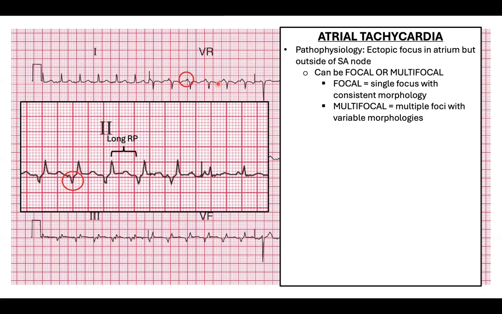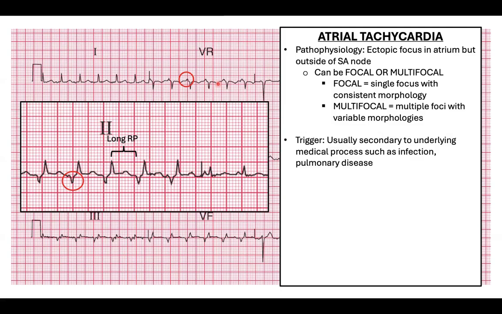And this can be either focal or multifocal, with focal being the result of one single point of ectopy with a consistent morphology, as opposed to multifocal, where there's several points of ectopy with variable morphologies that are resulting in the atrial tachycardia.